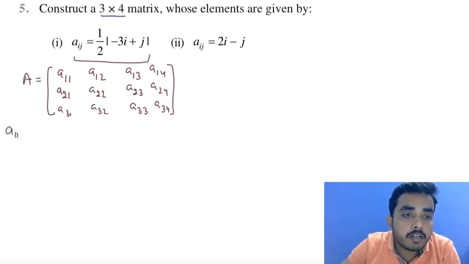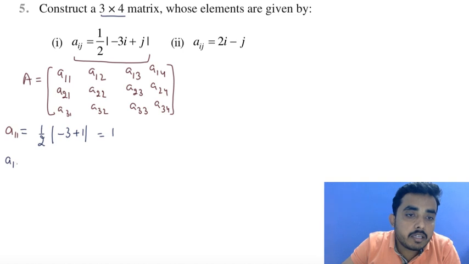For A11, A11 के लिए क्या हो जाएगा अभी, i और j दोनों 1 हो जाएंगे. So this is half modulus -3 plus 1. So -3 plus 1 is -2. With modulus it will become 1. A12. This is half modulus -3 plus 2.